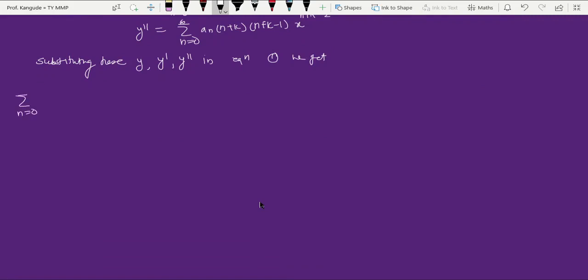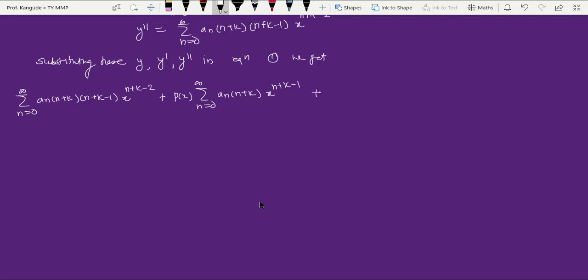Summation over n equal to 0 to infinity, it is an times n plus k into n plus k minus 1 into x raised to n plus k minus 2. This is my first term, plus p of x was there, into summation over n equal to 0 to infinity. This time it is an times n plus k into x raised to n plus k minus 1. This is there.